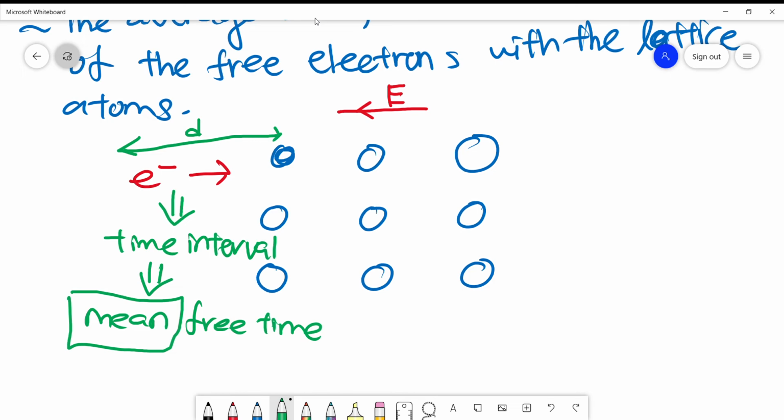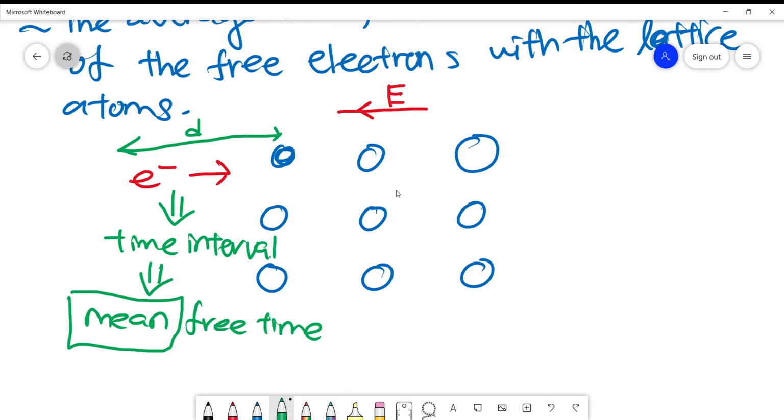So I repeat again: the reason we call this time interval the mean free time is because we assume that all the free electrons about to collide with the lattice atoms have the same time interval. So this is what we call mean free time.